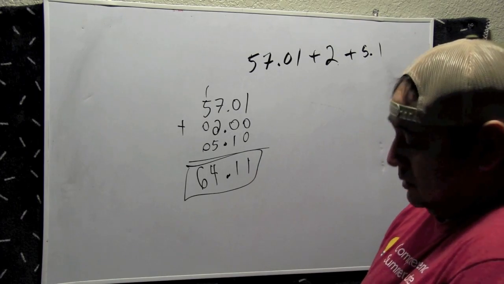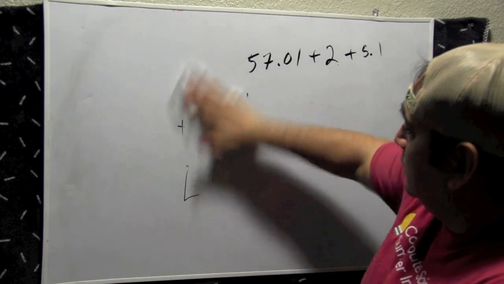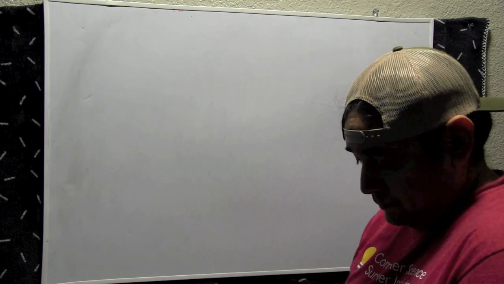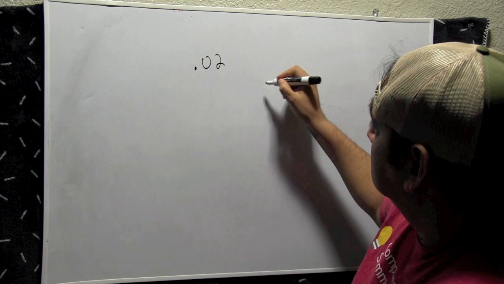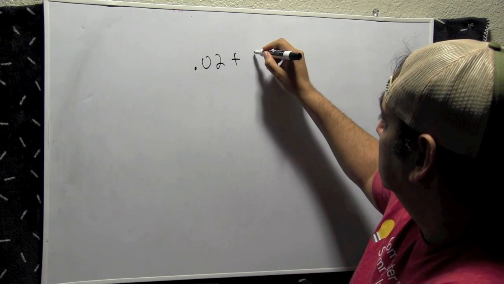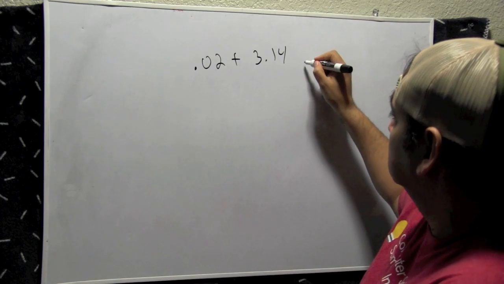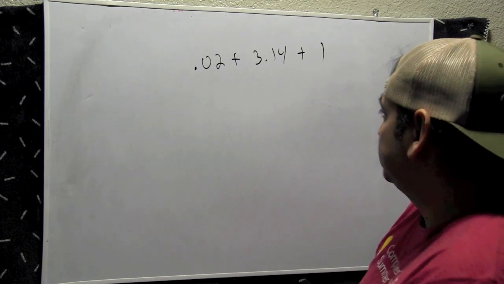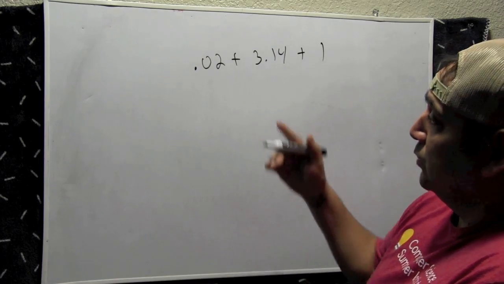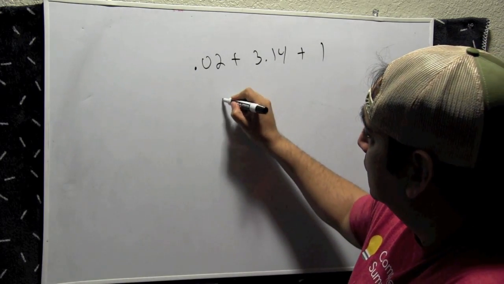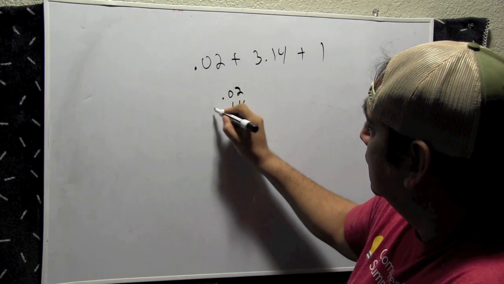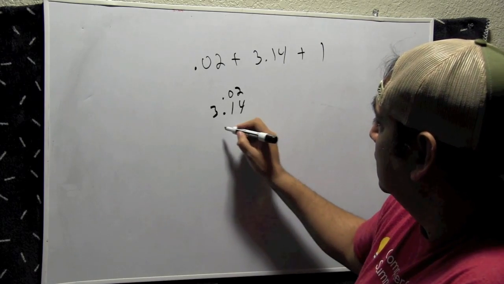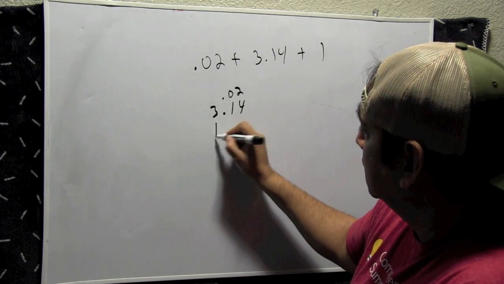Again, let's try another one. Say we have 0.02 plus 3.14 plus 1. Again, you want to line up the decimal numbers, which is 0.02, 3.14, and then 1.